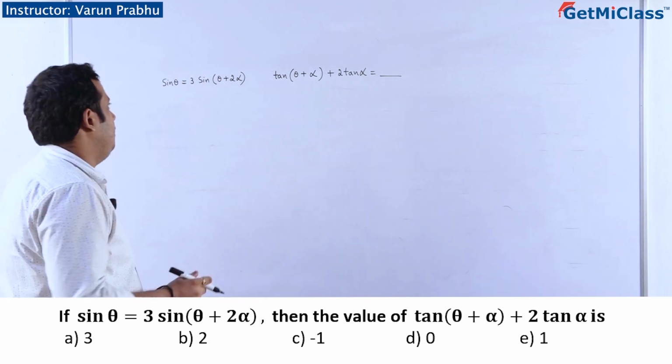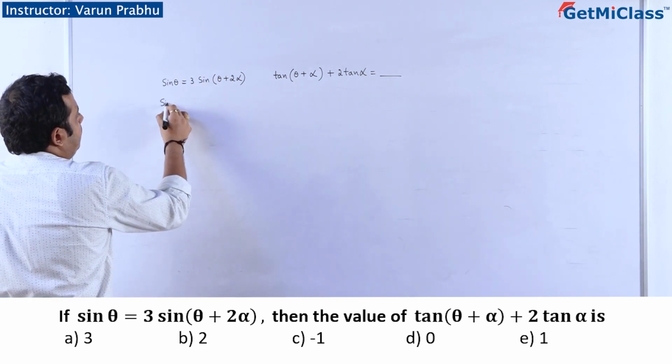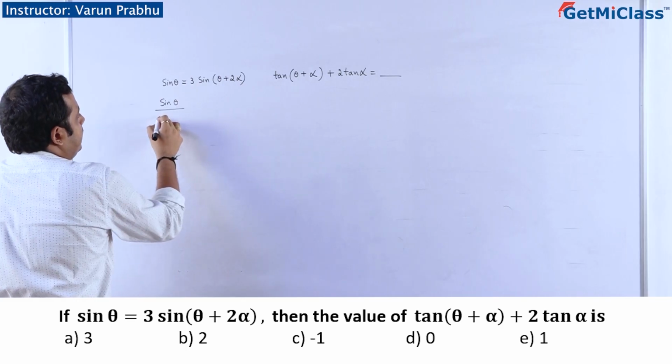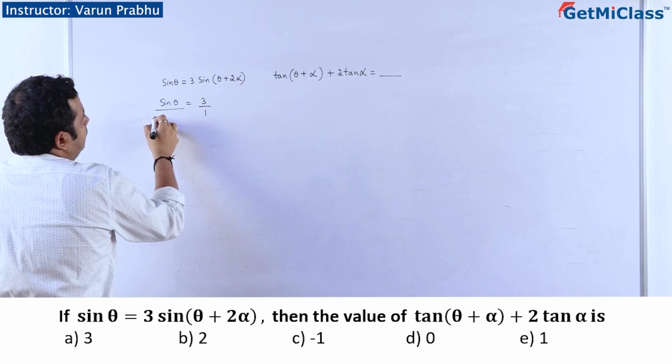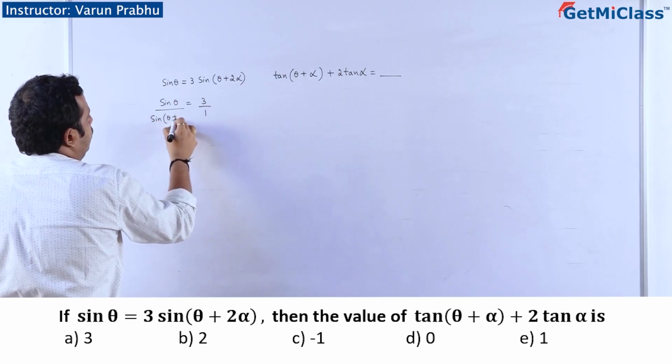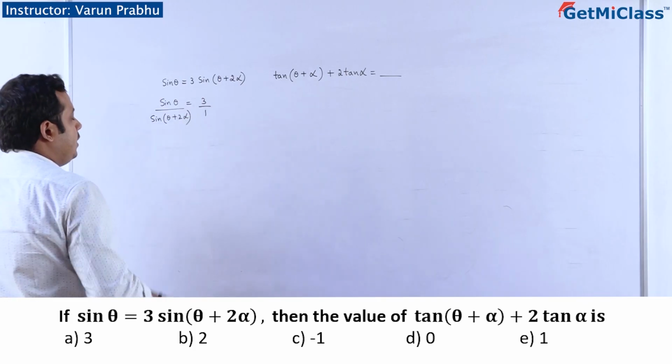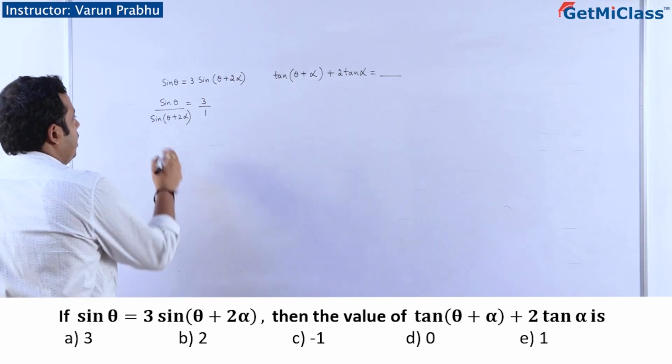If you look at this problem now, again the problem can be solved in the form of a ratio like this. I can write this in the form sine of theta plus 2 alpha, sine of theta plus 2 alpha, that is equal to 3 by 1.